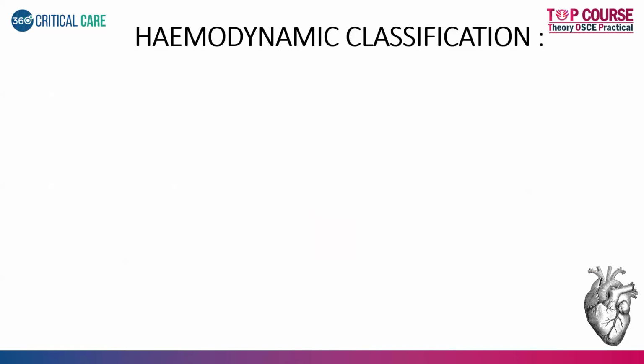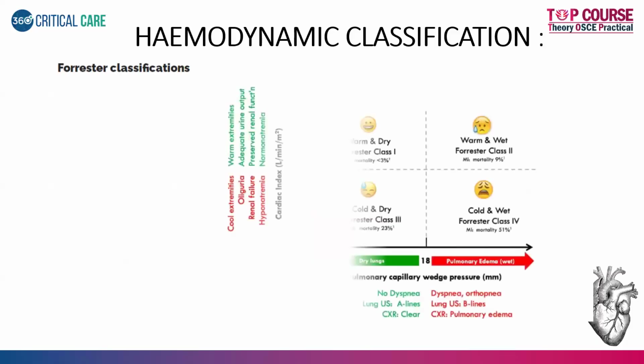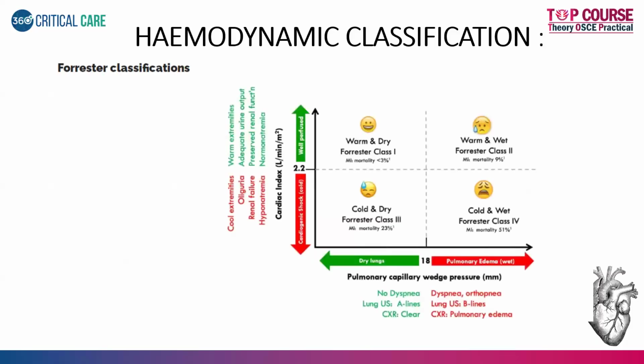So what is the hemodynamic classification? Till now, whatever I said is more or less theoretical and really difficult to apply. You cannot put a finger and say that this patient is purely AKI, or purely has hepatopathy, or encephalopathy. So Forrester's classification is something that we have routinely been using.